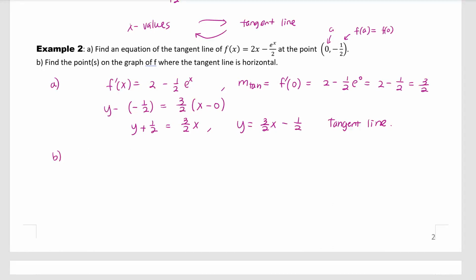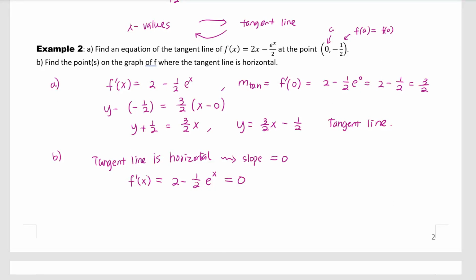But now we want the tangent line to be horizontal. What does that mean by saying the tangent line is horizontal? Horizontal means, what is the slope? Slope is 0. What is the slope? The derivative is the slope, and we want the slope to be 0.